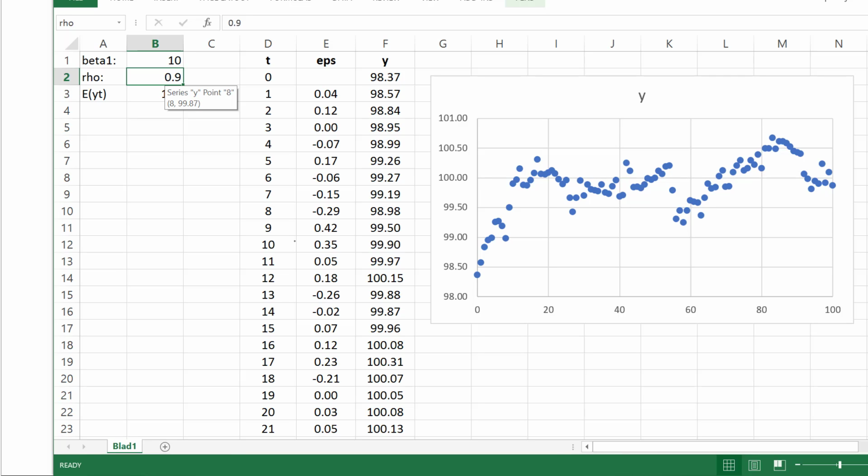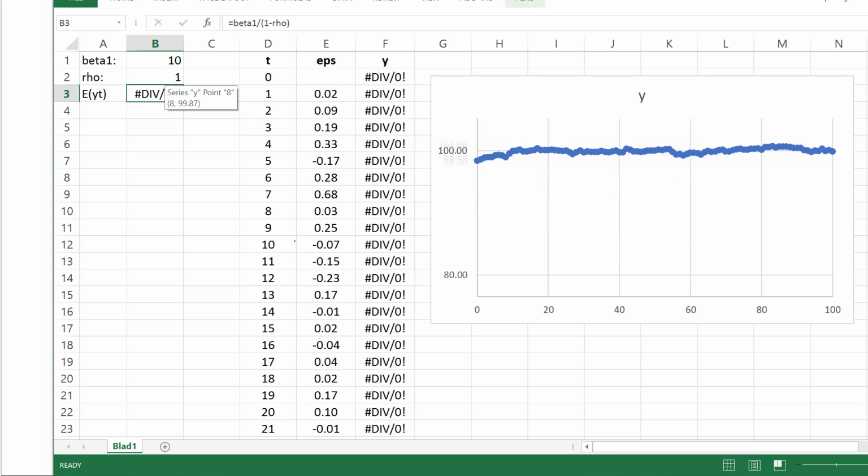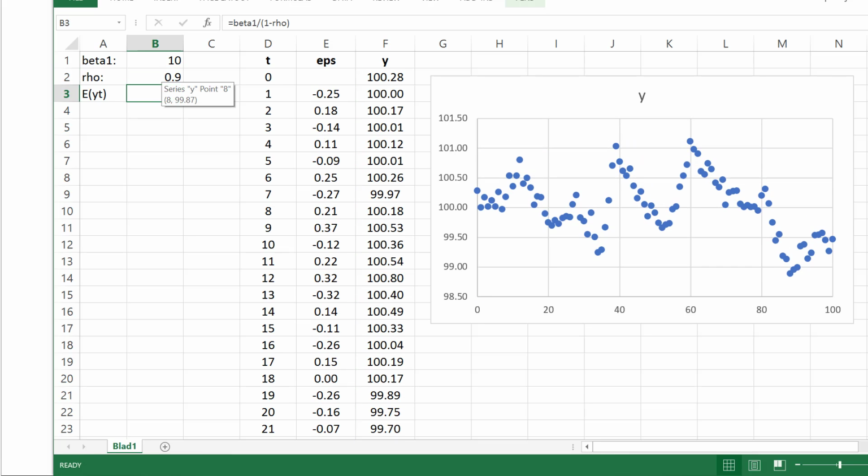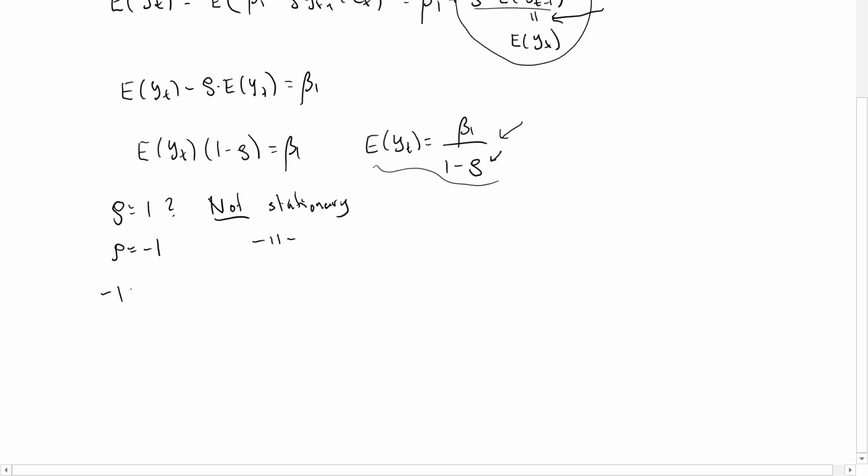If I try to do rho equal to 1, I just get a lot of div by 0, and the same for minus 1. So actually only values that are in between minus 1 and 1 will work. So we need to keep rho between minus 1 and 1 for the stationarity to be satisfied.